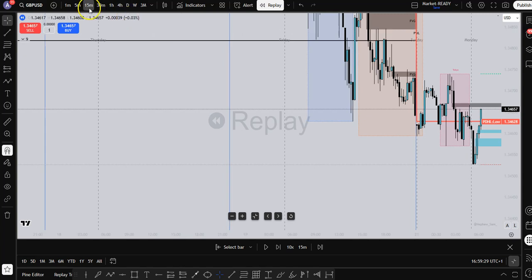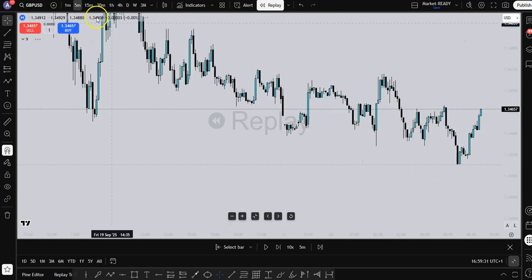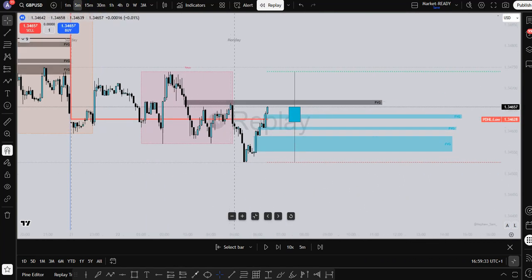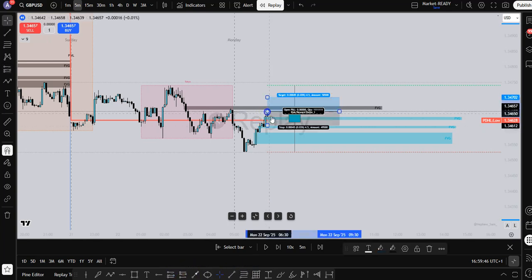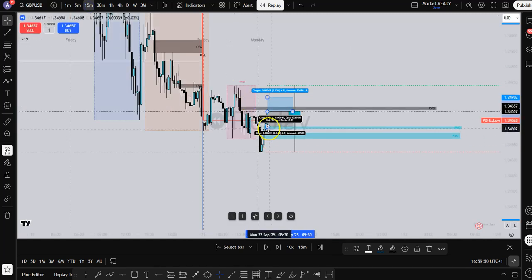So I have enough bullish pressure, and we returned not only within the Asian range, but we returned also within the range of the previous day. So my entry will be here, and my stop loss will be below this.